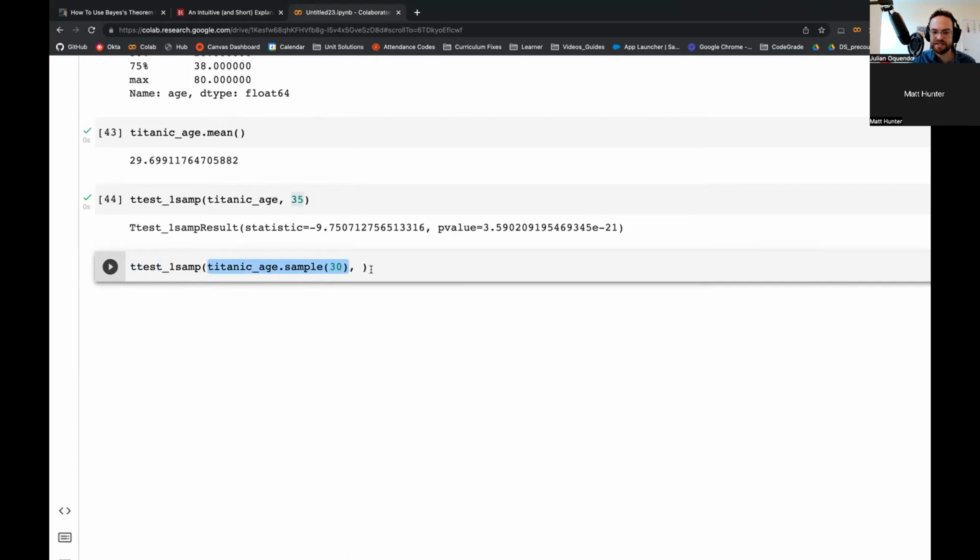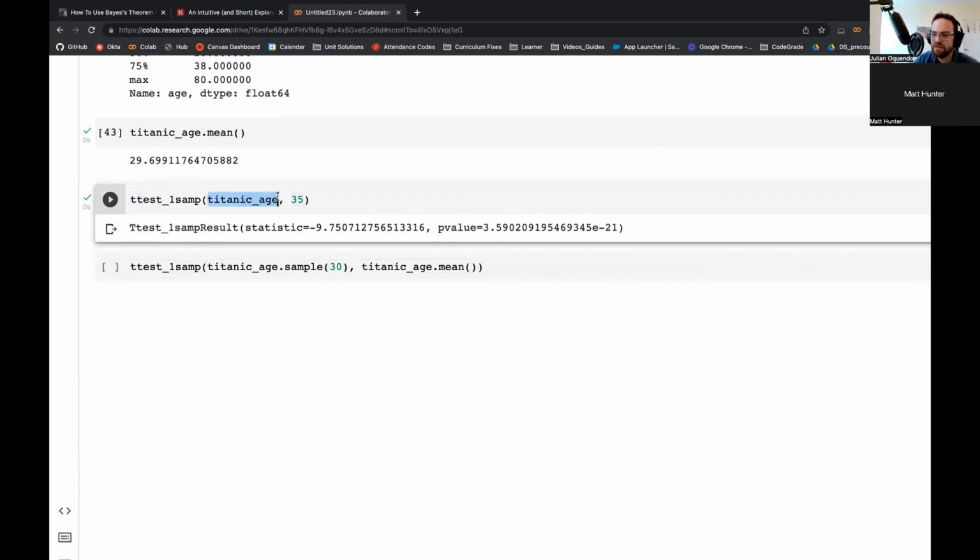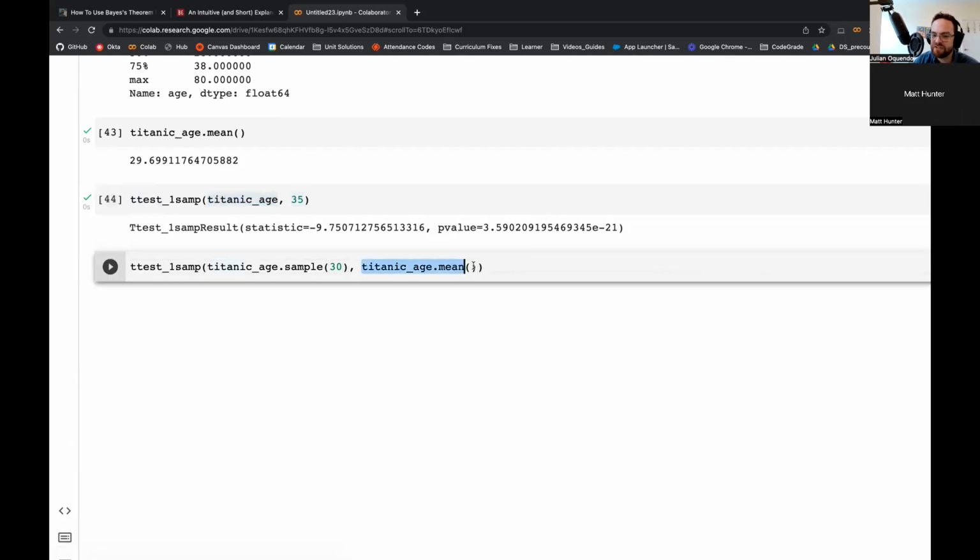What I'm taking is my Titanic age, and I want to measure them against the mean. What the t-test one sample helps you determine is whether it is possible that this sample, when measured against the reference value, is a part of this population.